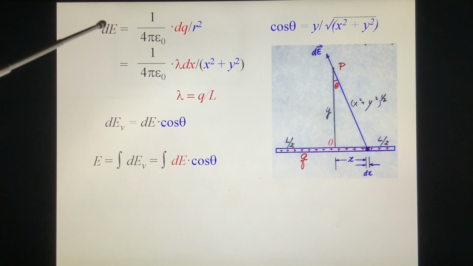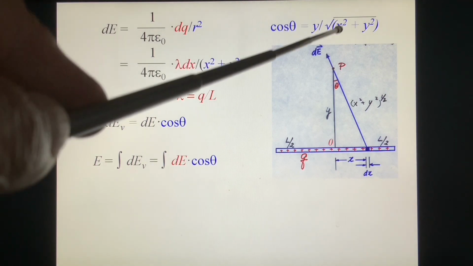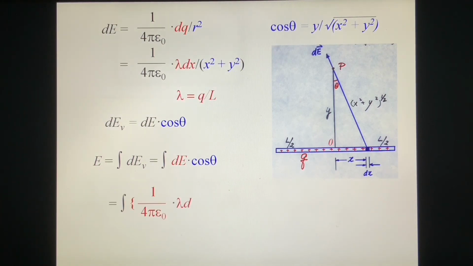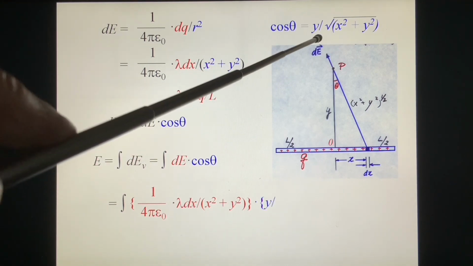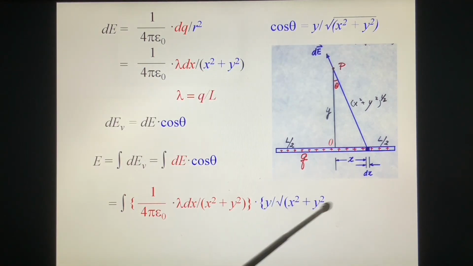And dE is this one, cosine is this one. We put them together. So dE equals 1 over 4 pi epsilon 0, lambda dx over x squared plus y squared, and cosine theta equals y over the square root of x squared plus y squared.